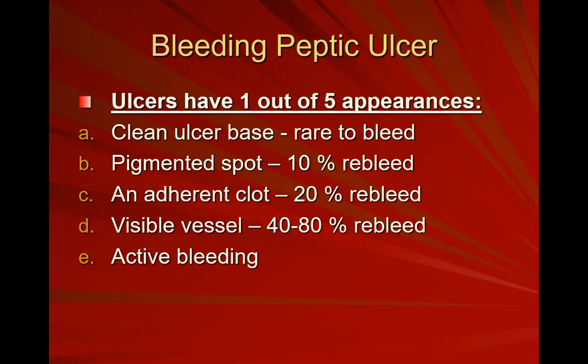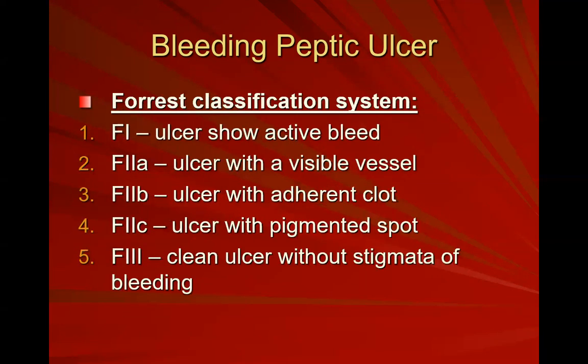If there was an adherent clot, if there was a visible vessel, the risk will be increasing, and so on, until we reach an active bleeder. So this is the classification, which is called the Forrest classification, and it would start from 1 to 3. Okay, so 1 means there would be an active bleeding until 3, which is a clean ulcer.